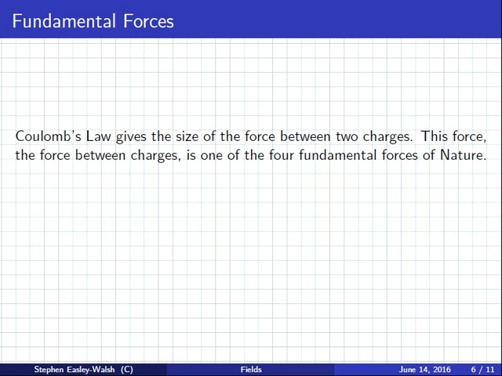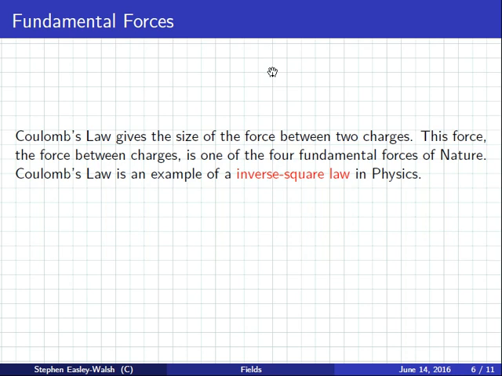There's two more forces we will study in the chapter on atoms, and these are the forces responsible for keeping the atom held together. The nuclear forces. Yes, we'll do that in a later chapter. There's two types of nuclear forces.